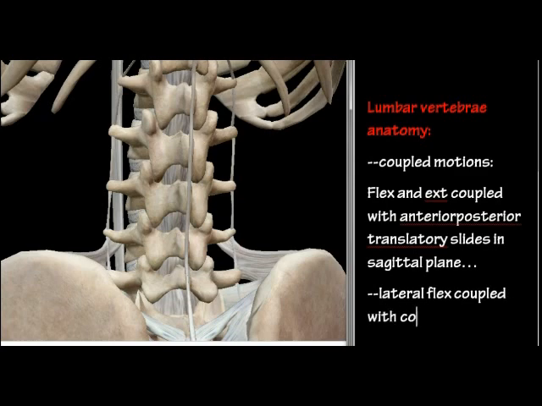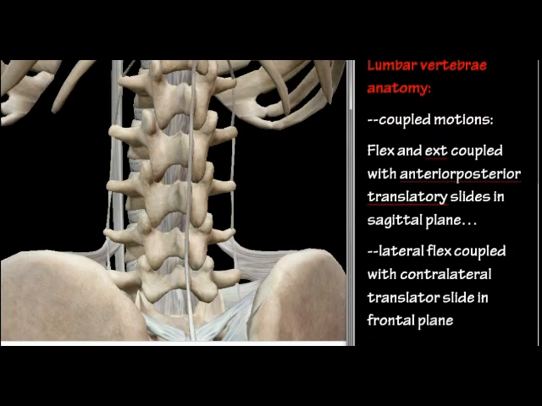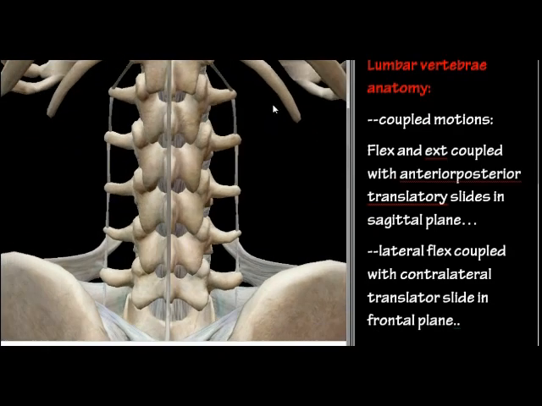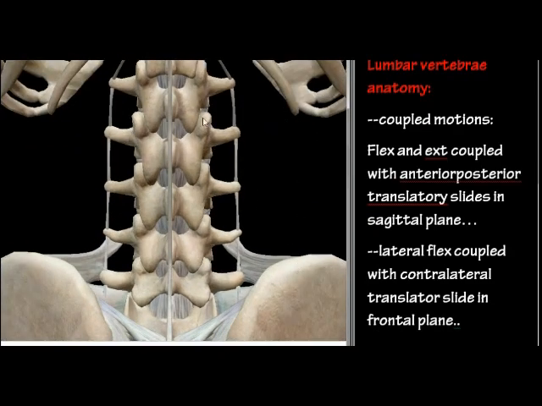The lateral flexion is coupled with contralateral translatory slide in the frontal plane. When we flex laterally, the contralateral side occurs the translatory slide, which occurs in the frontal plane.